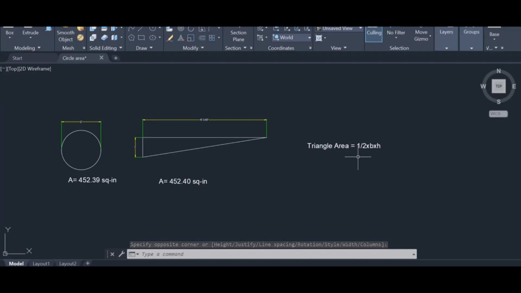Triangle formula: 1/2 into base into height.